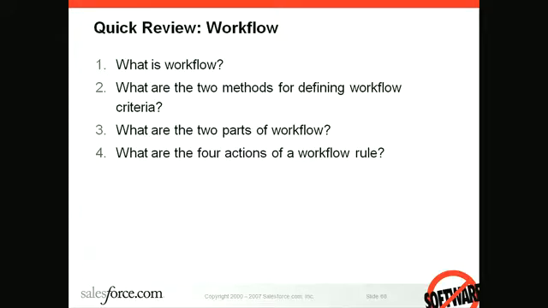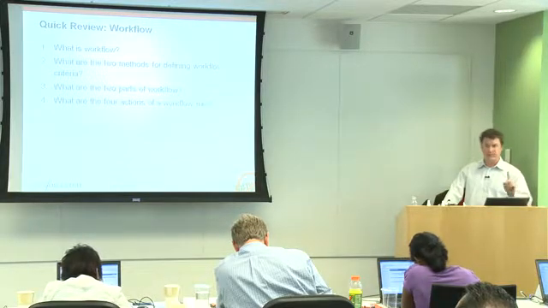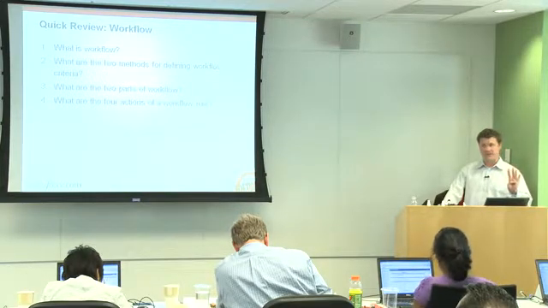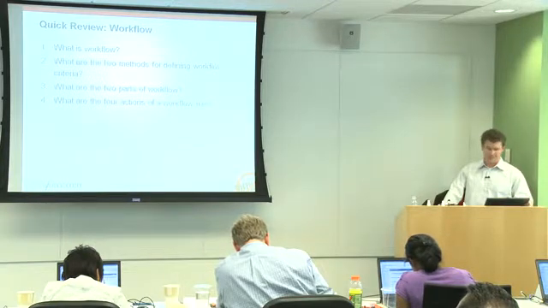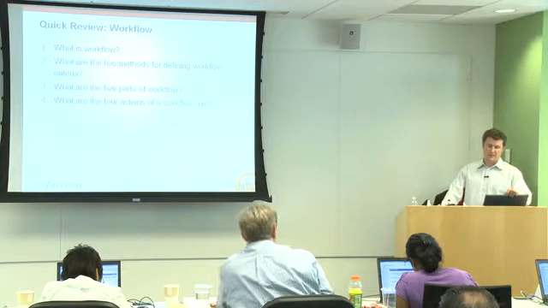What are the 4 actions of a workflow rule? What are the 4 types? Field update, that's 1. Task, assign a task. Email alert. Outbound messaging. All right, very good. Send an outbound message. So what's the difference between email and outbound message? Email is sending an email.